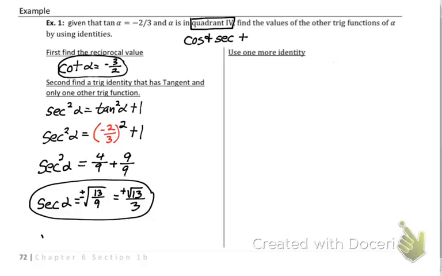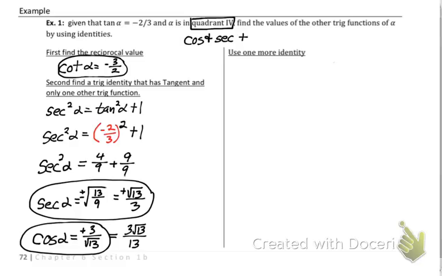Well, if I have secant, I'm going to find its reciprocal, which is cosine, which equals a positive 3 over square root of 13. And people are going to shout from the hilltops that that isn't finished. If you feel like you need to simplify this, do it. The simplified version would be 3 square root of 13 over 13.